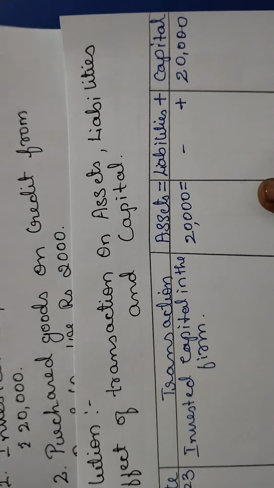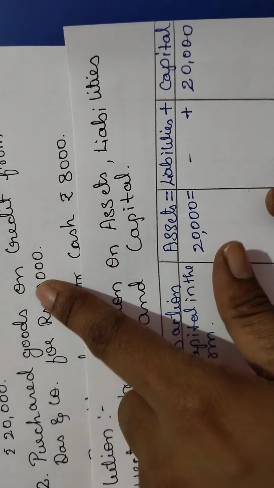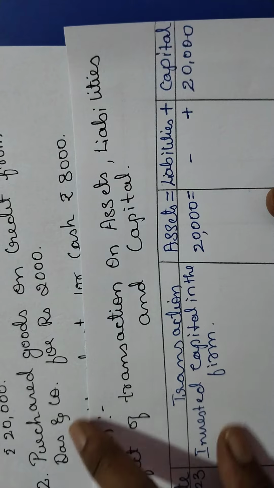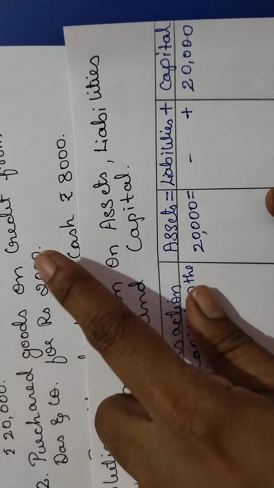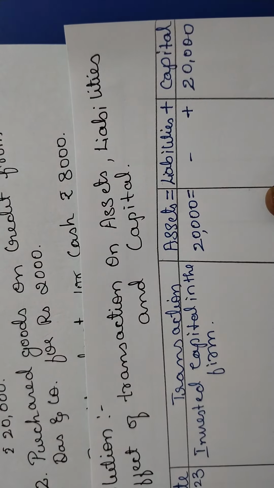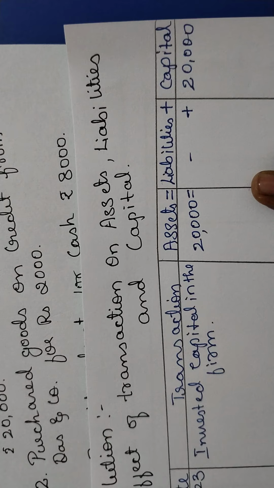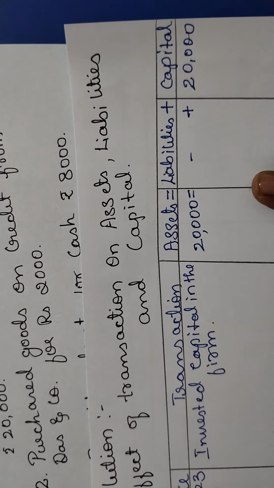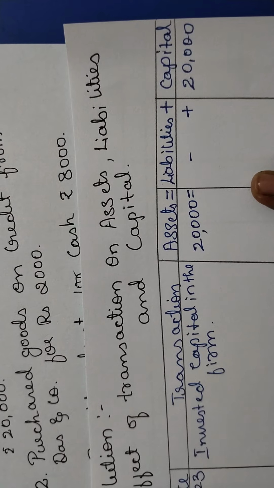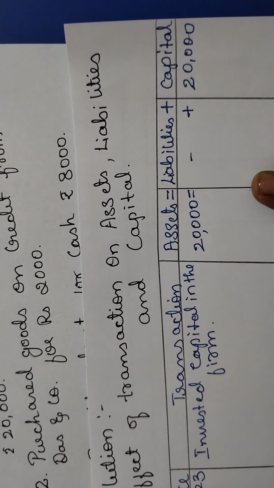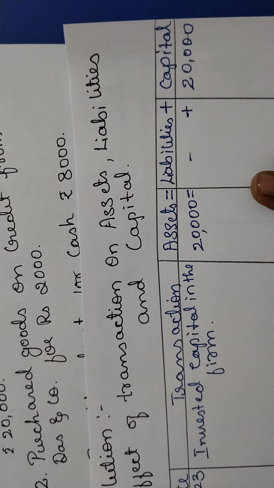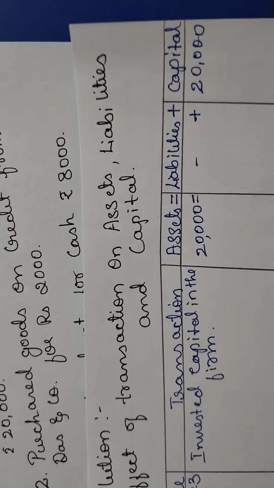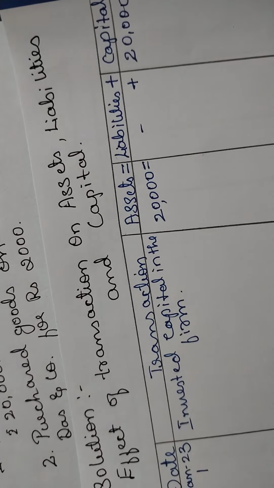Next, purchased goods on credit from Das and Company for rupees 2,000. In the previous class, we have understood what is credit purchase. Credit purchase means you are purchasing the goods, but you are not making the payment immediately. But goods you are receiving immediately.